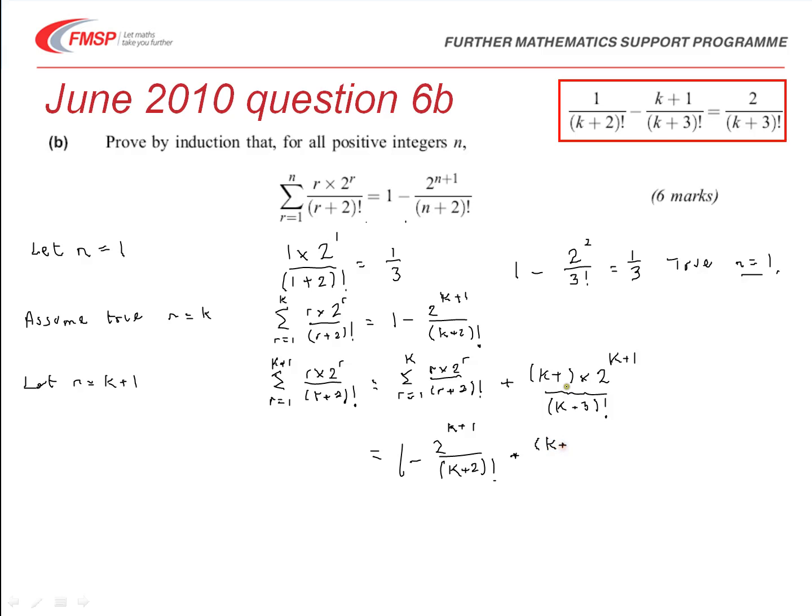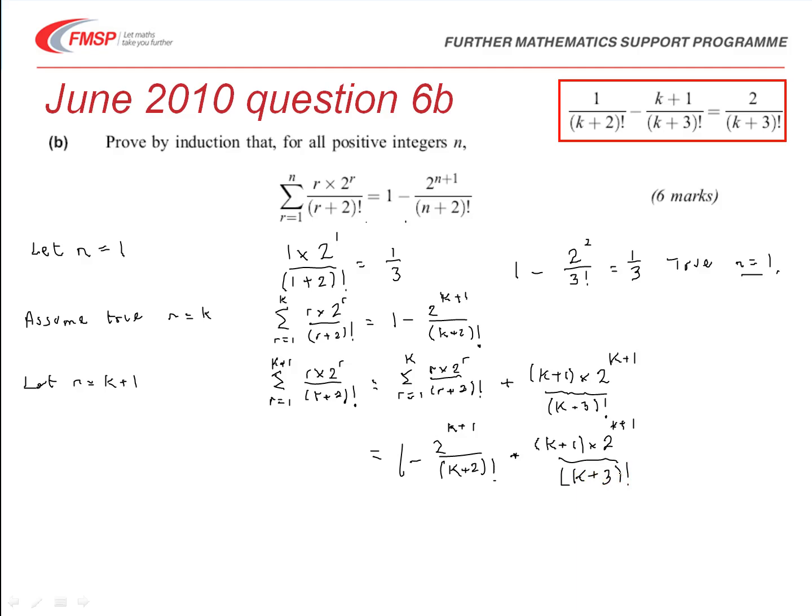Well, that was k plus 1 in there, wasn't it? Missed that out. k plus 1 times 2 to the k plus 1 over k plus 3 factorial.